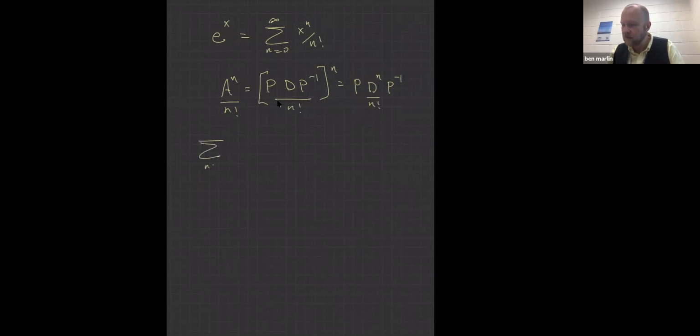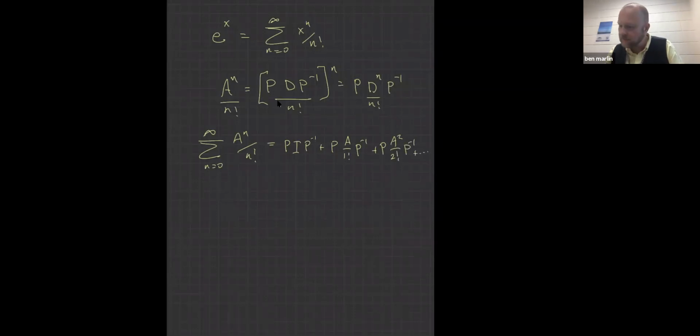And if I'm doing a summation from 0 to infinity, A to the n over n factorial, then I will have something like P, because that'll be A to the 0 power, P inverse, plus P A over 1 factorial P inverse, plus P A squared over 2 factorial P inverse, plus dot dot dot.